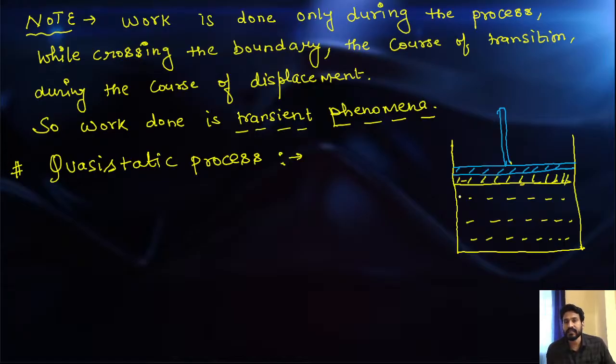Now my piston is here. In another step, my piston is here. What are we doing? We are compressing this gas, and the deviation from thermodynamic equilibrium is negligibly small. So we are taking infinitely small steps.